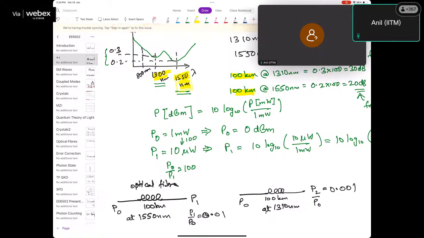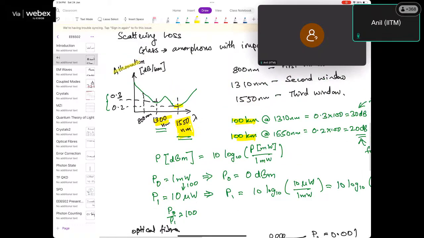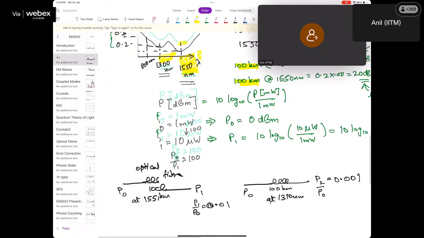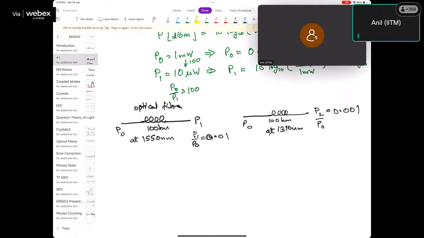So this 1550 nanometers is very critical for us compared to any other wavelength. It is the minimum of this curve of attenuation versus wavelength in a glass fiber, in a typical glass fiber that we are all commercially using.